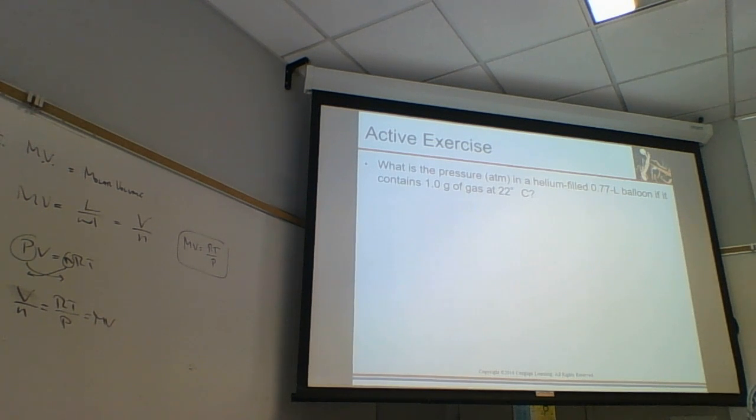We need n, the number of moles. The number of moles, well, it's 1.0 grams of helium gas. So we need to go from grams of helium gas to moles of helium gas by using the molar mass. So a mole of helium gas weighs 4.002 grams.